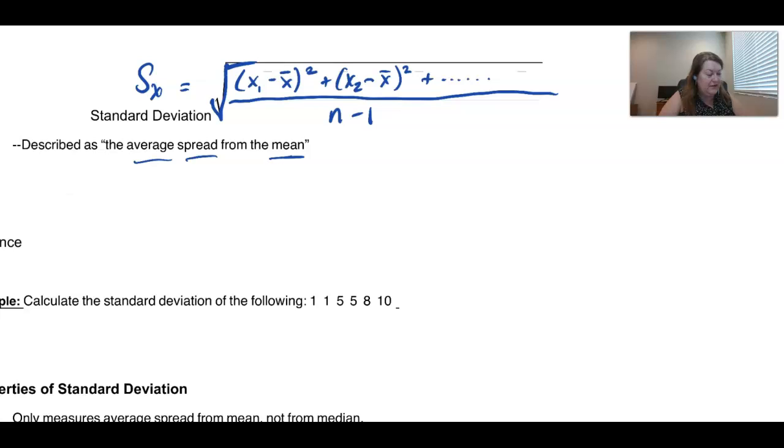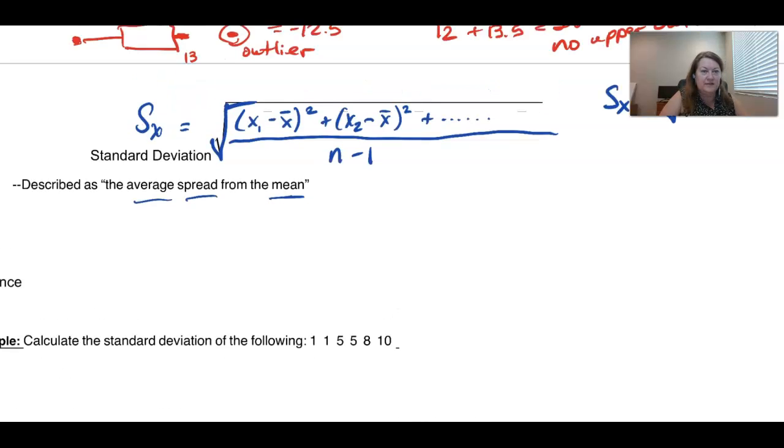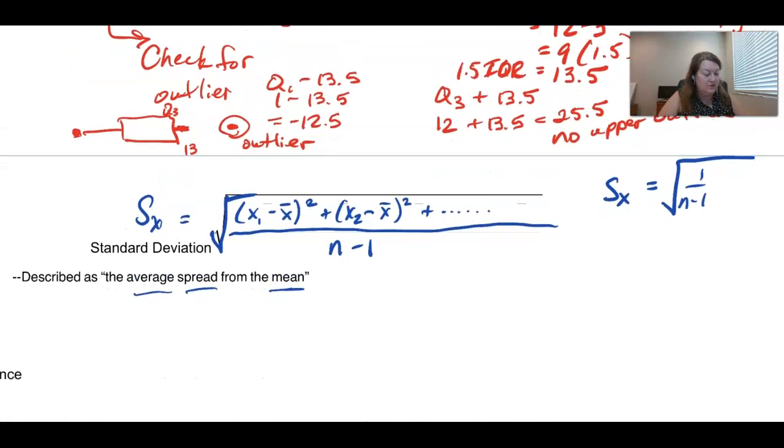Isn't that fun? On the formula sheet that you're given for the actual exam, it says S sub x equals, and under a square root, it has 1 over n minus 1. Can you see that that is the same thing so far as what we had over here? We've got this part covered.